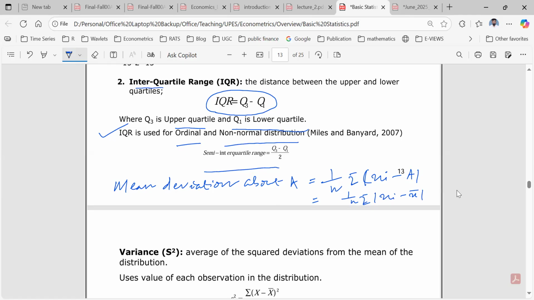This is very important. If there is a question, mean deviation from mean and mean deviation from median, which one will be lower? You will say mean deviation about the median will be the least in comparison to mean deviation from the mean. Is it clear?